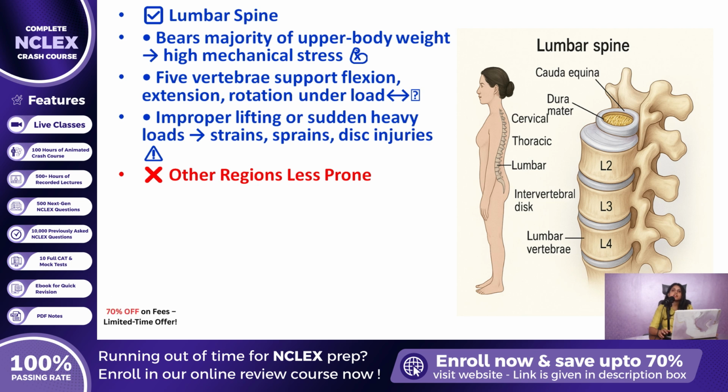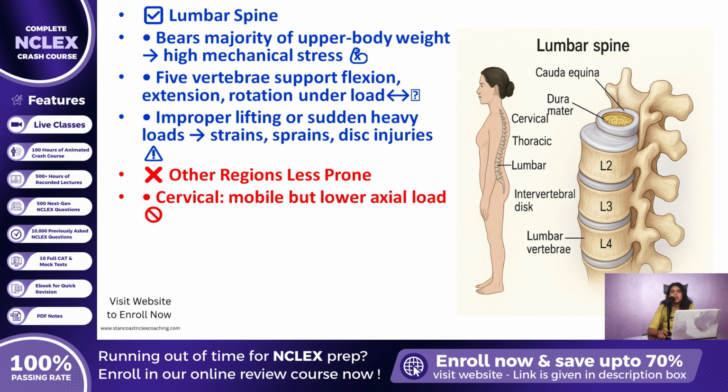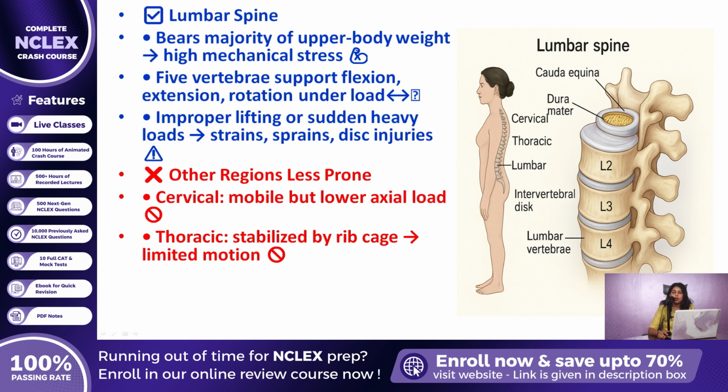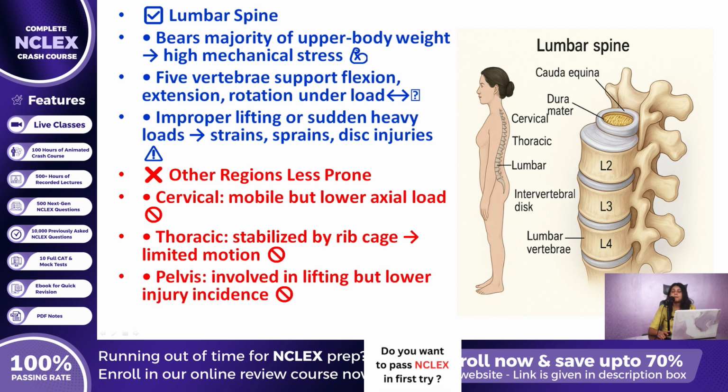In contrast, the cervical spine, while mobile and susceptible to strain in desk workers, does not bear as much axial load. The thoracic spine is stabilized by the rib cage, limiting its range of motion and injury risk. And the pelvis, though affected by heavy lifting, is less commonly the site of occupational back injuries than the lumbar vertebrae and associated soft tissues.